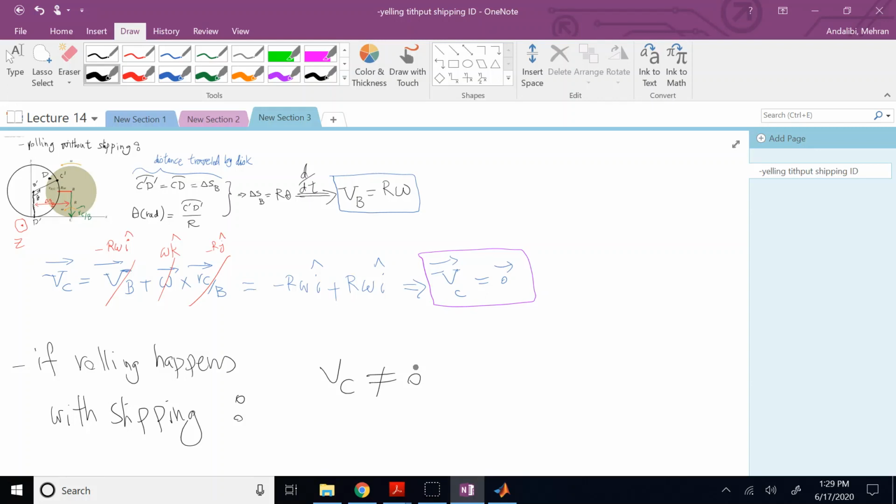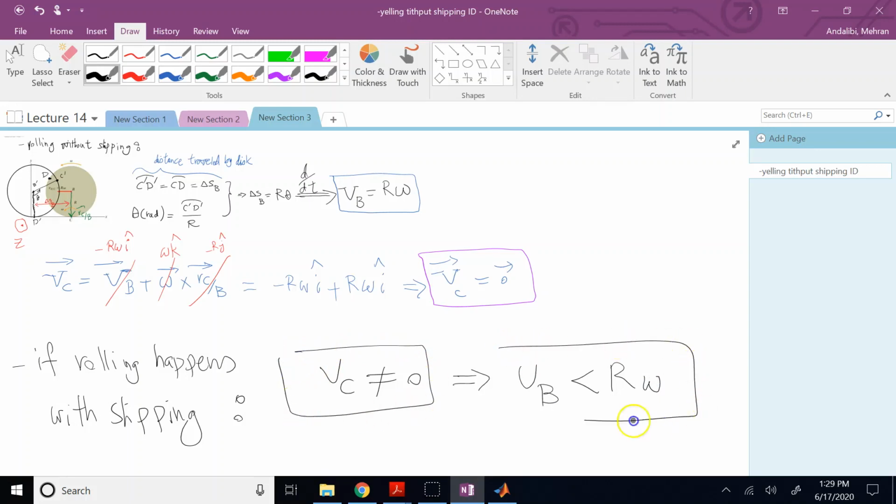Not only that, you can also show, and I leave that up to you, that the magnitude of V of B is less than R omega. If they are equal, it's rolling without slipping. If V of B is less than R omega, it means there is slipping.